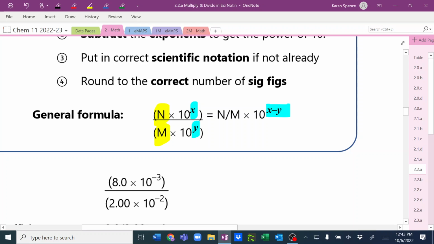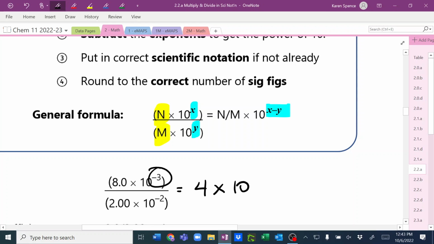So let's take a look at this one here. We have 8.0 divided by 2.0, and I'm sure I've worked it out below, but I'm just going to show it here. So I'm going to take 8 and divide by 2. What do I get when I take 8 divided by 2? 8 divided by 2 is 4. Okay. And I want it to be times 10 to the, now what do I need to do?